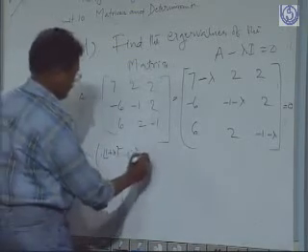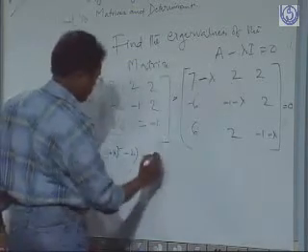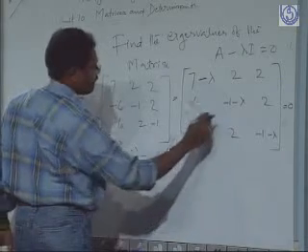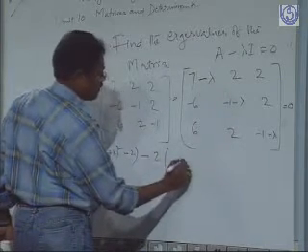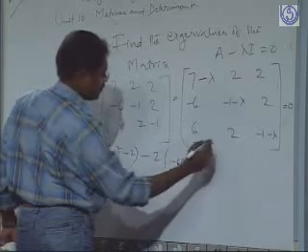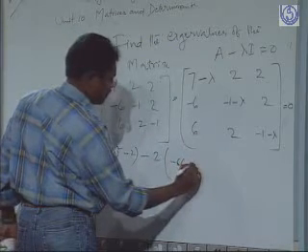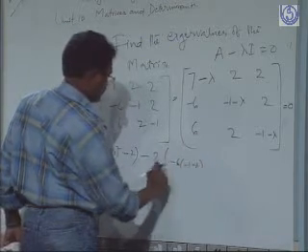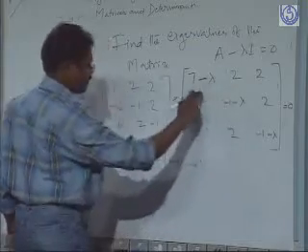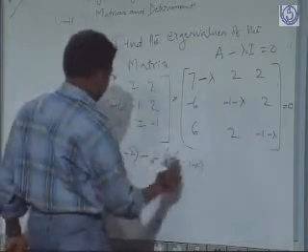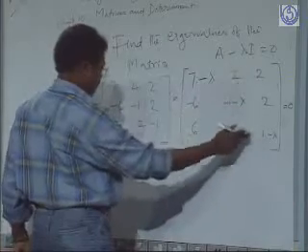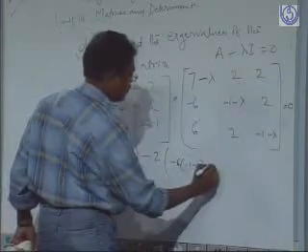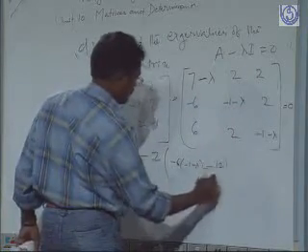Next, minus 2 into, minus 6 into minus 1 minus lambda, minus 6 2s are 12.